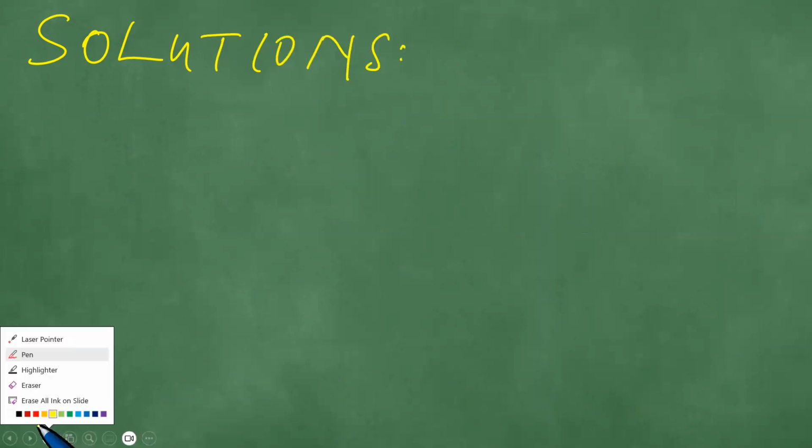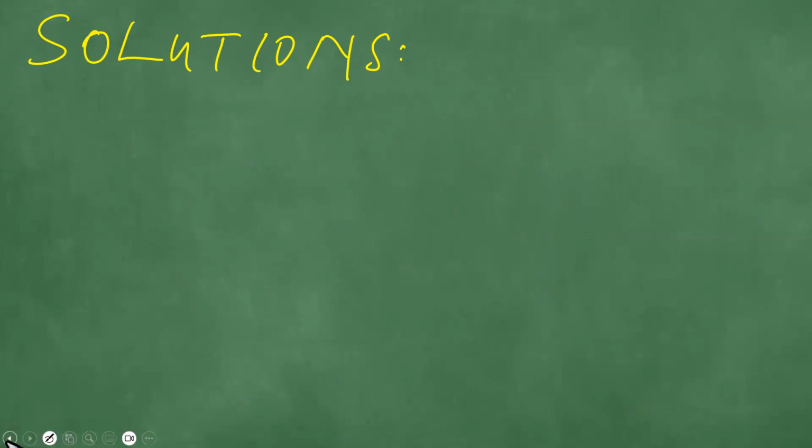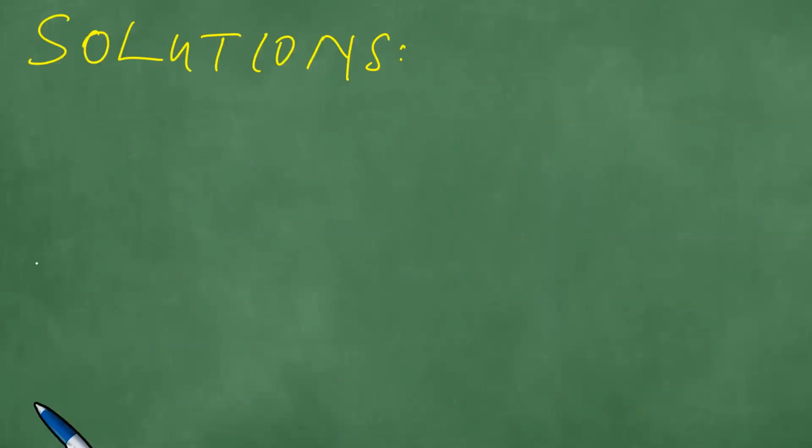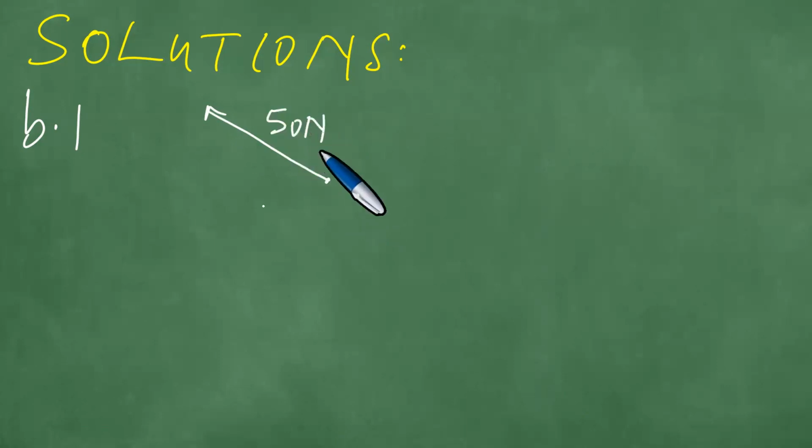So in looking at the solutions, we shall look at the solution to question B1. How do we find the vertical component? Okay, the couple of things you need to remember, and I know that this is very straightforward, okay? You have the force there of 50 newtons.